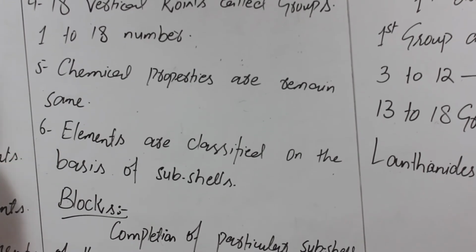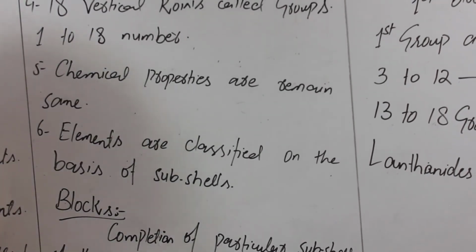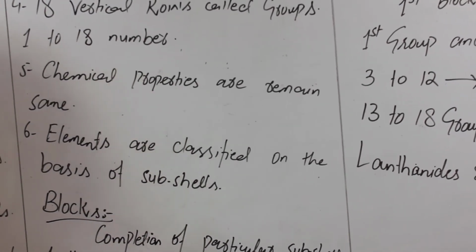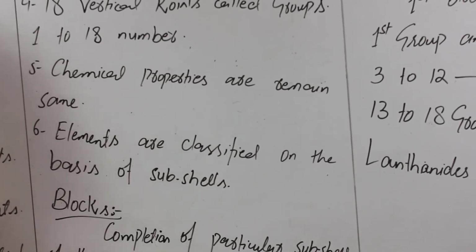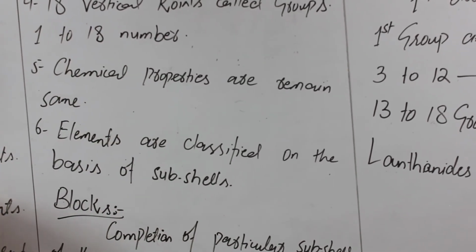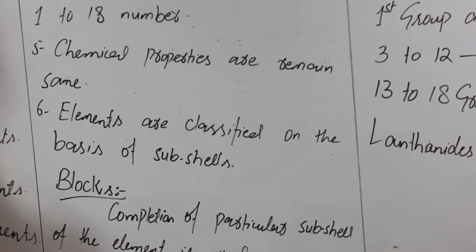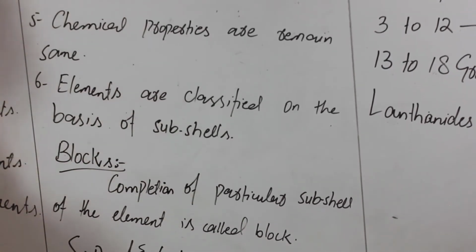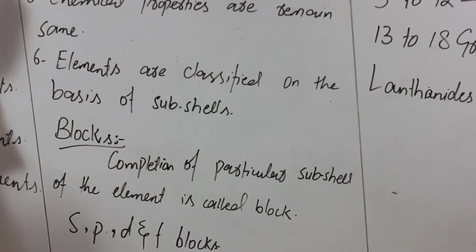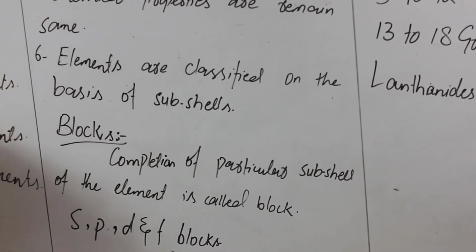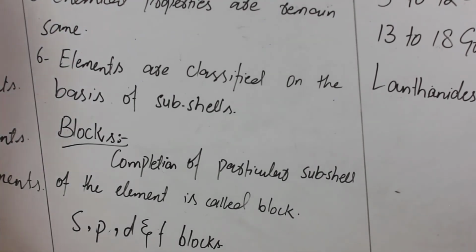The reason is that the electronic configuration is the same in every element of the group. Atomic number is arranged irregularly, and due to this, after 8 elements, the 9th one has the same property and is present in the same group. That's why in groups the chemical properties of the elements remain the same.